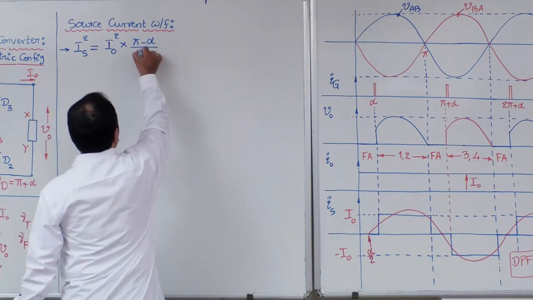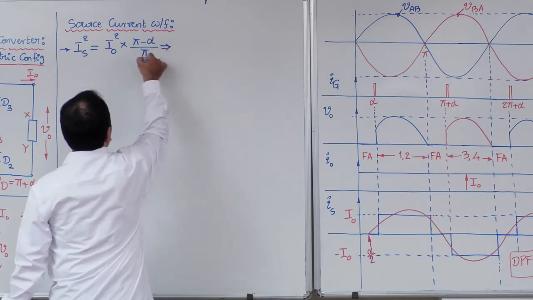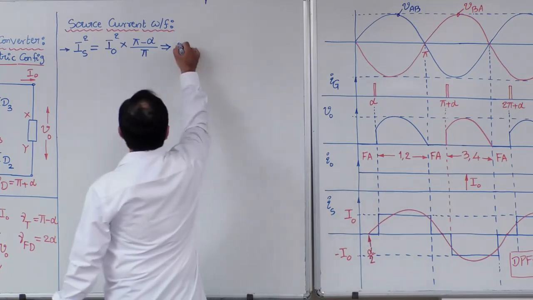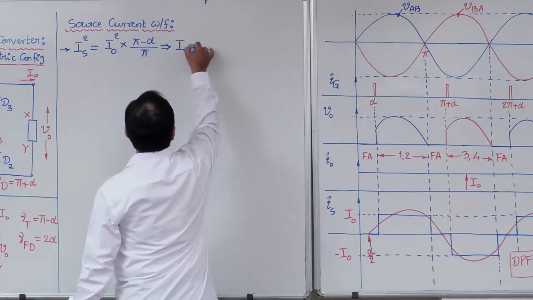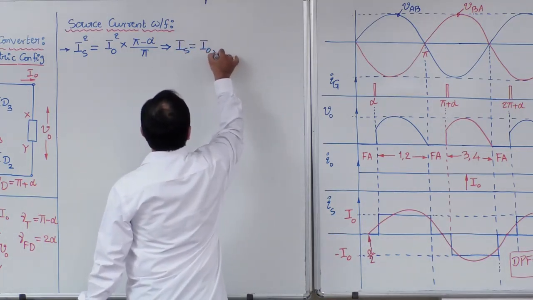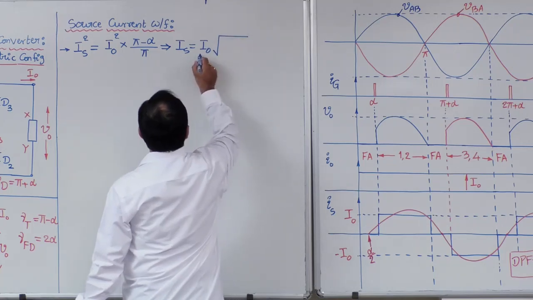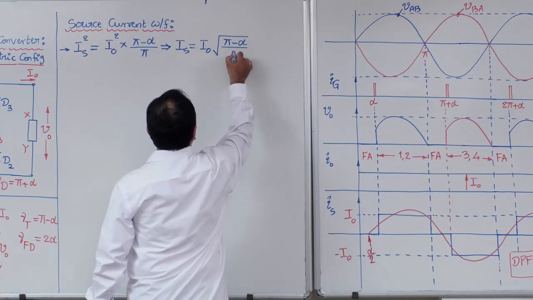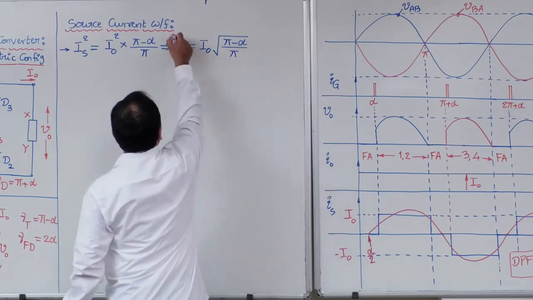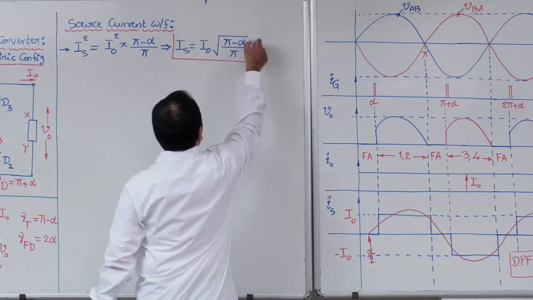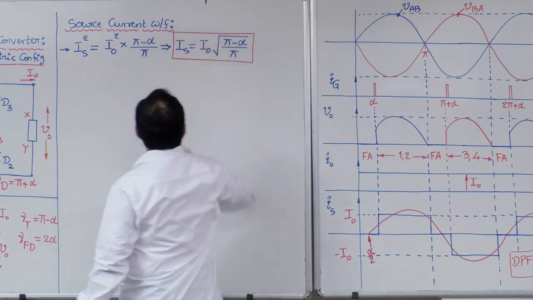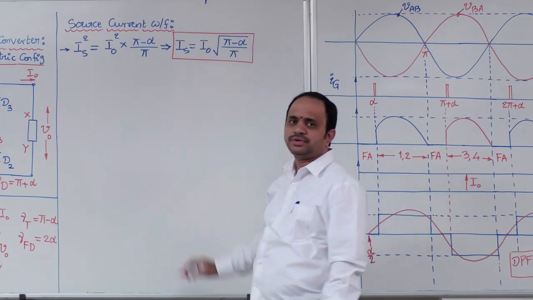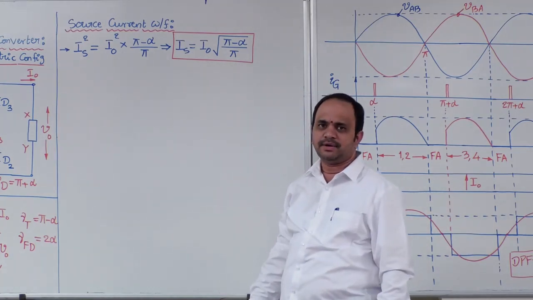Because of the symmetric nature, you have to write it for half cycle only. Therefore, the RMS value of the source current is IS equal to I0 multiplied with the square root of pi minus alpha divided by pi.